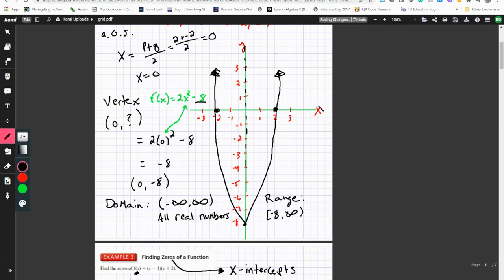So you could write it like that. I would prefer interval notation, or if you want to, you could use inequality notation. So I know the y values are going to be greater than or equal to -8. So either one of those would work, but try to start to get comfortable with interval notation. But that is how you state your domain and range.